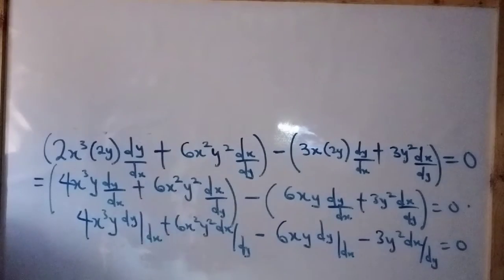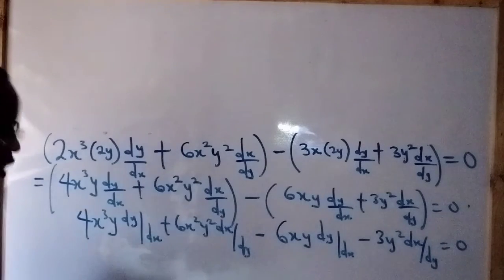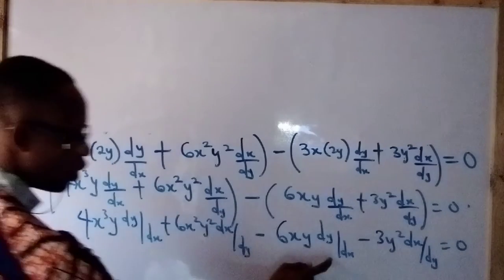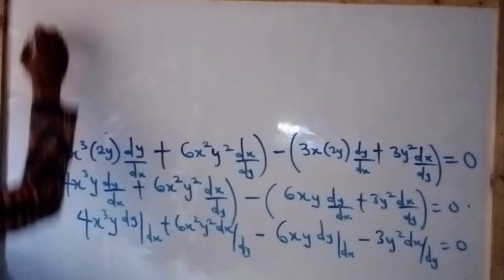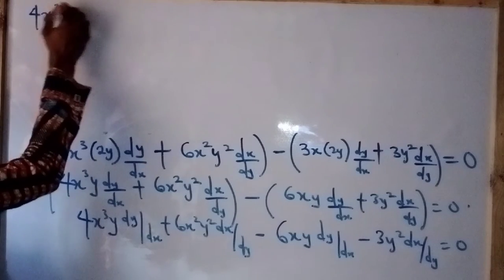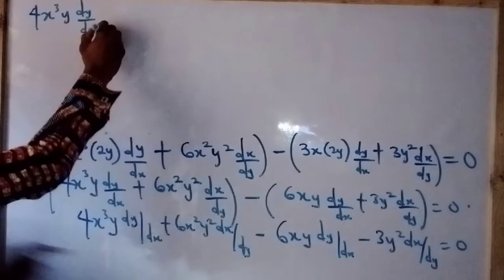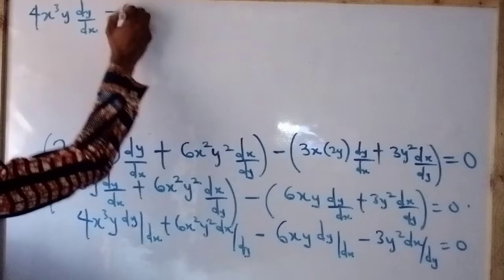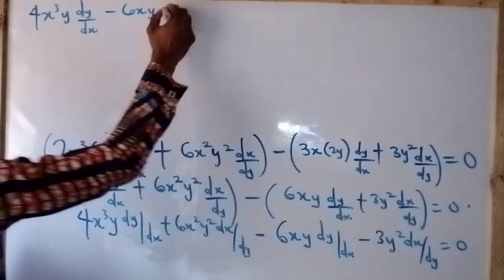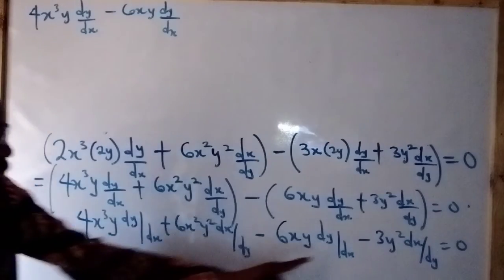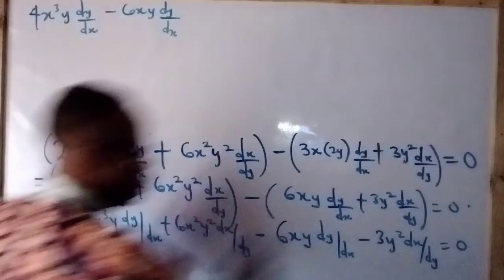So what do we do next? We will now collect like terms. The ones that have dy/dx will come together, which is this and this one. So we bring them together, and that becomes 4x cubed y dy/dx minus 6xy dy/dx. Then these ones have dx/dx, so they will move to the other side.